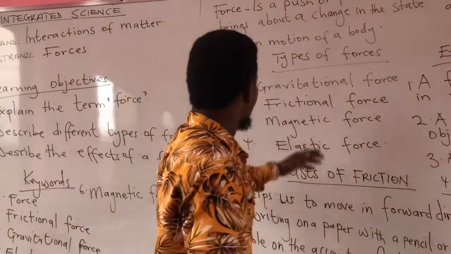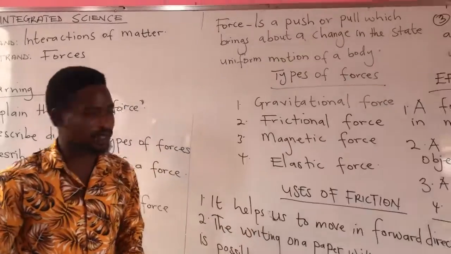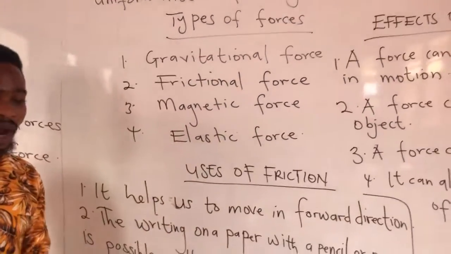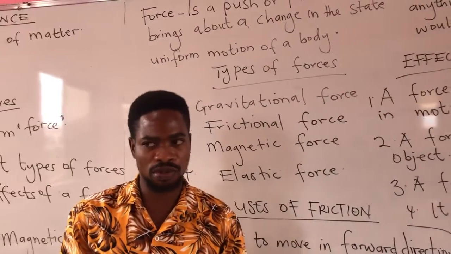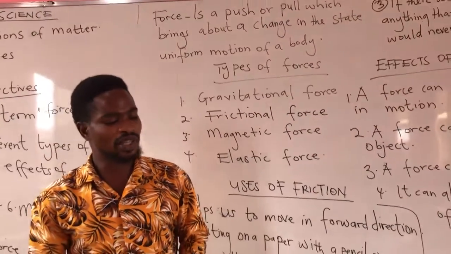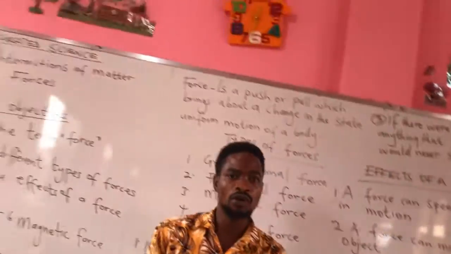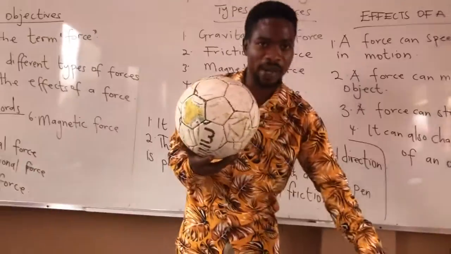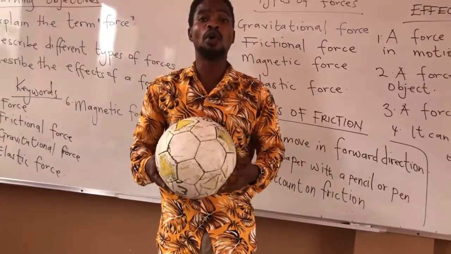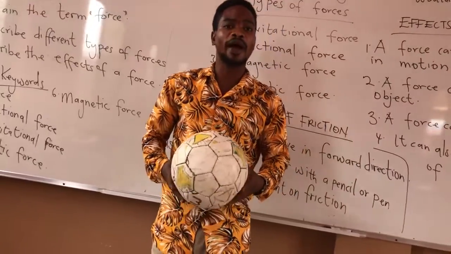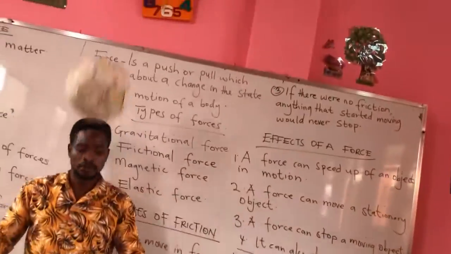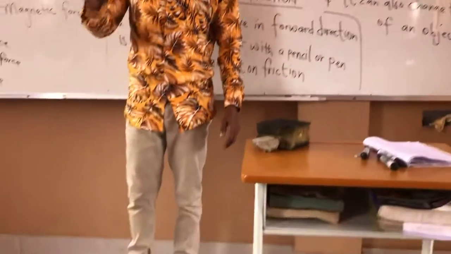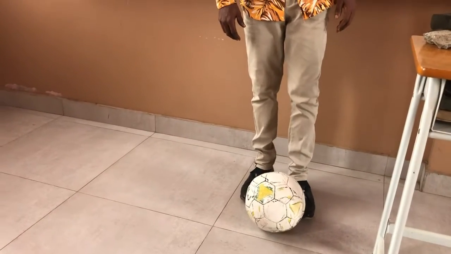Okay, now let's look at types of forces. We have gravitational force. Now what is gravitational force? I am going to use this ball to demonstrate what it means. For example, if I throw this ball in the air, you see what is going to happen? It pulls down.